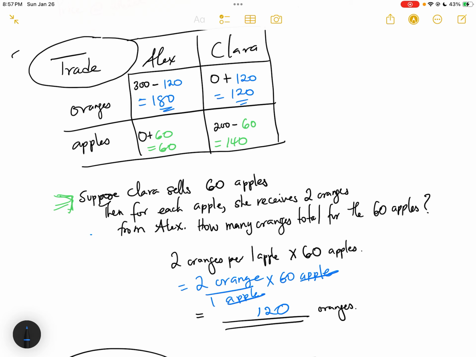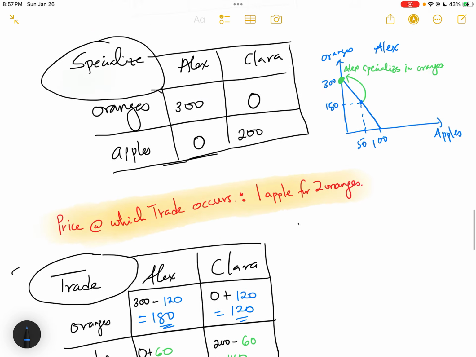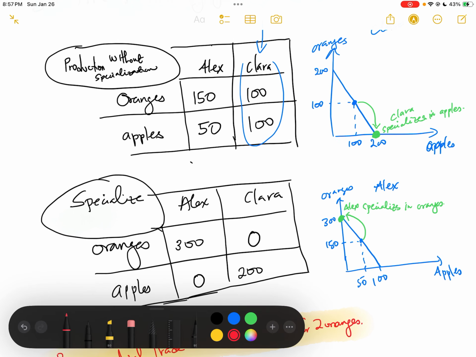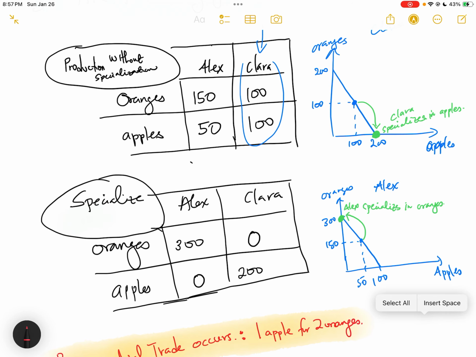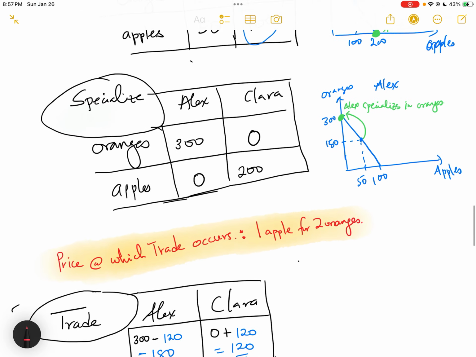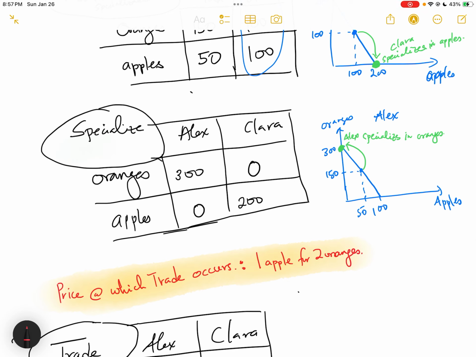Can we visualize where trade sets Alex and Clara on the graph? Yes, we can. So for Alex, it's 180 oranges and 60 apples. So on the graph, 180, now let's use red to show that. 180 oranges and 60 apples for Alex. 180 is somewhere here and 60 apples is somewhere here.